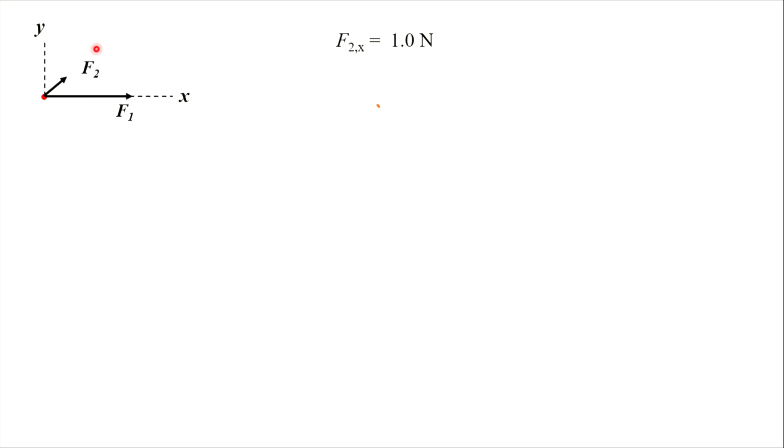But you remember that the direction of this force is not given, and this result actually doesn't depend on the direction of force F2. So this component corresponds not only to this direction of force F2, but to this direction also. And we should analyze this case separately.